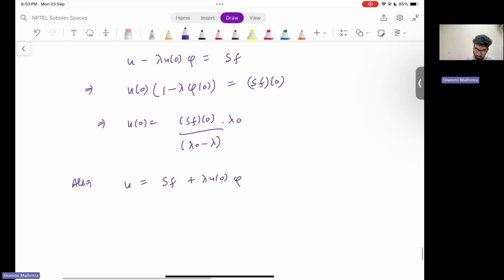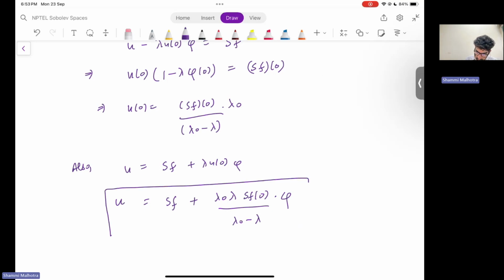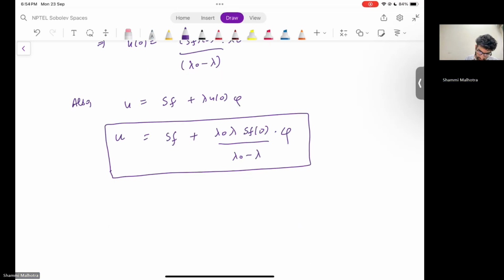So U, which we assumed has to be there, actually has a definite value, and this gives that U is the desired solution.